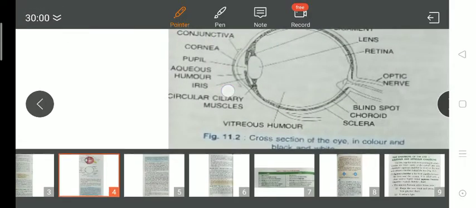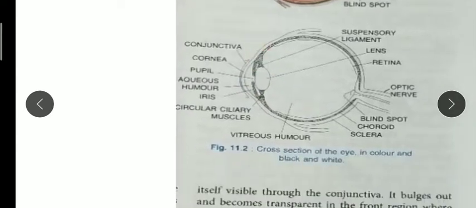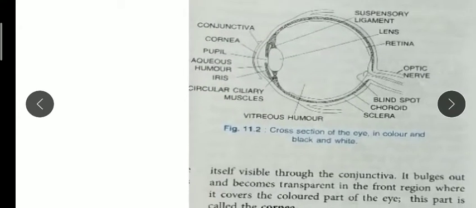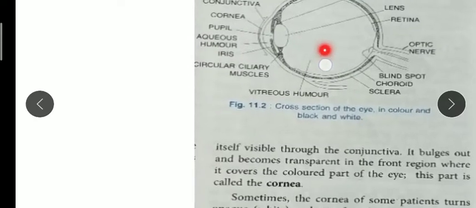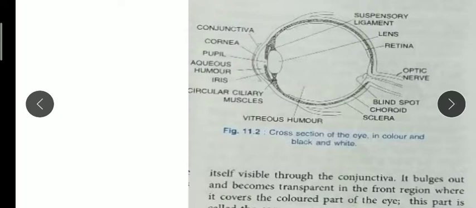The aqueous chamber is present between the lens and the cornea, whereas vitreous is present behind the eyeball, and the cavity of the vitreous chamber is very large compared to the aqueous chamber. So these are the differences.